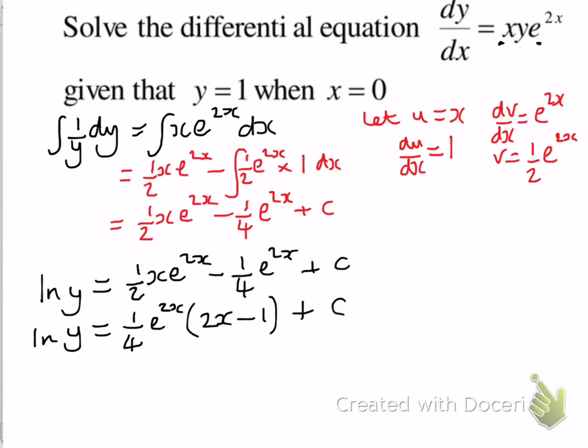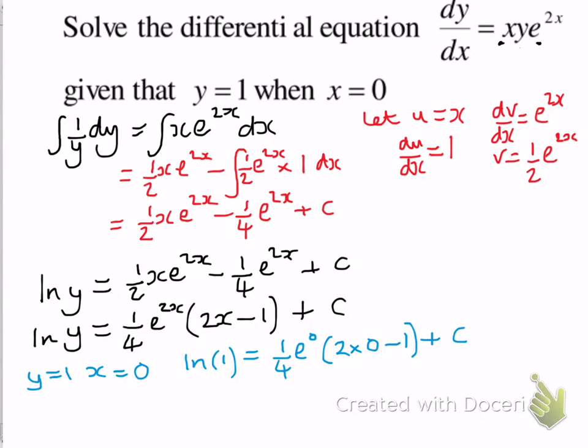Right, so what I can now say is when y equals 1, x equals 0, so therefore ln 1 is a quarter e to the 0, 2 times 0 minus 1 plus c.